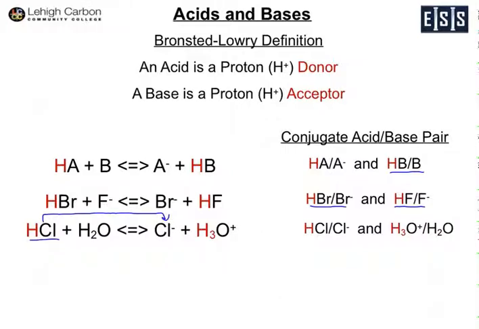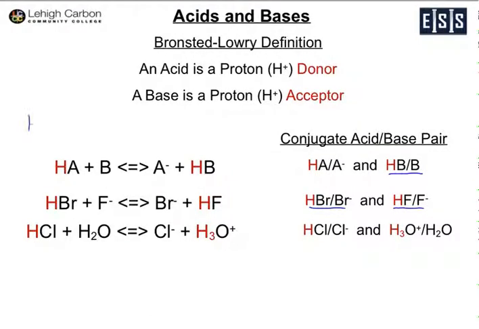This is your acid, hydrogen chloride, donating the hydrogen. This is its conjugate base. Water is gaining the H+. What might be new to you is H3O+, a hydronium ion, first introduced in this chapter on acids and bases.